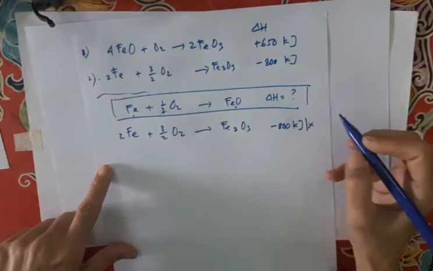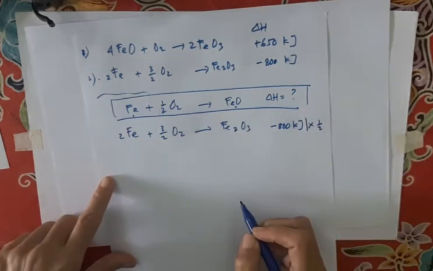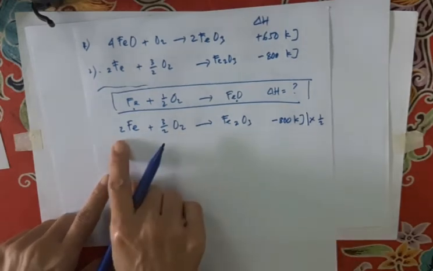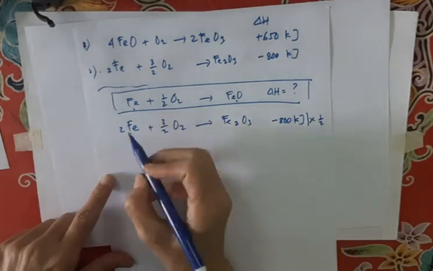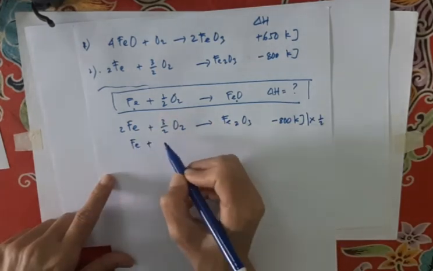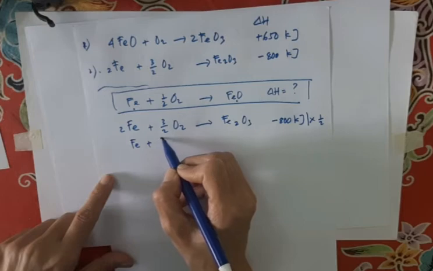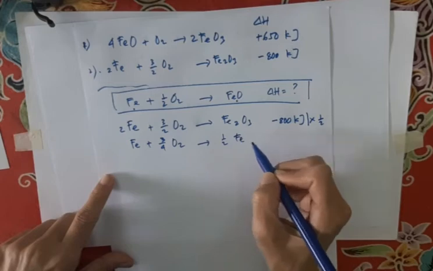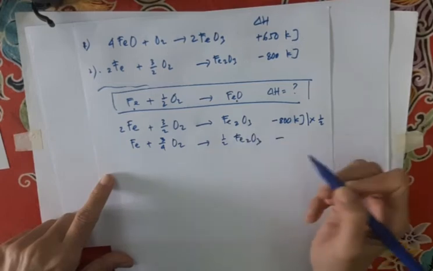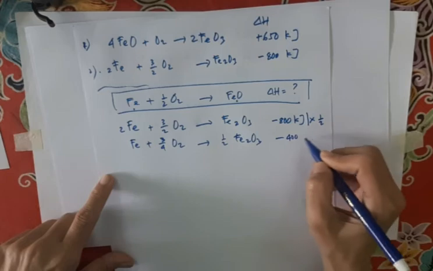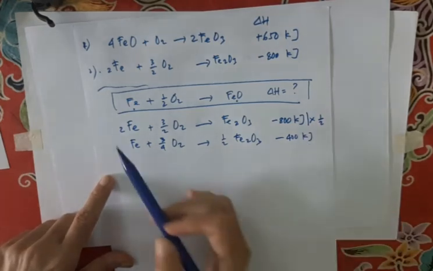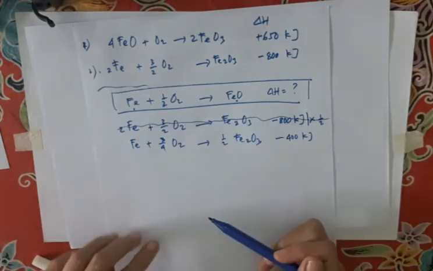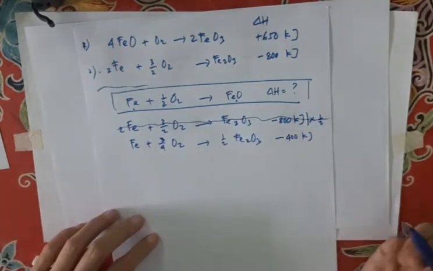So multiply by a half. Then we have Fe plus, minus 14, right? So we don't need to pay attention to this equation.